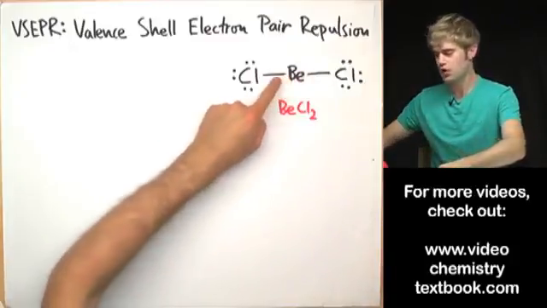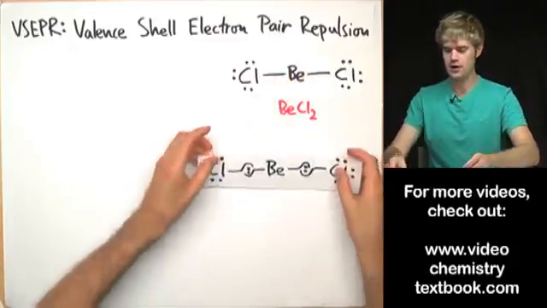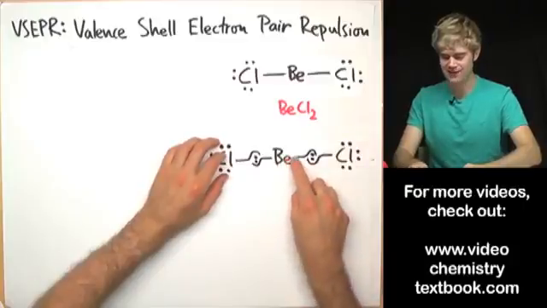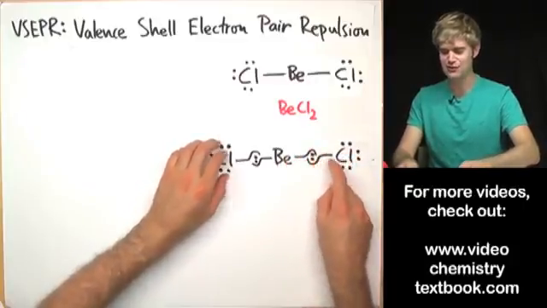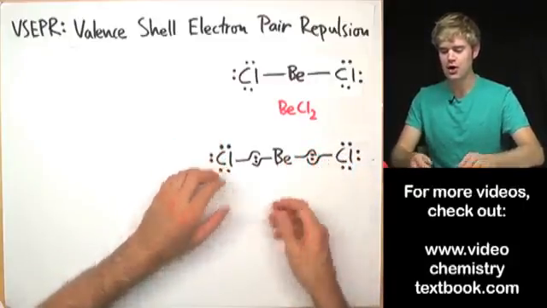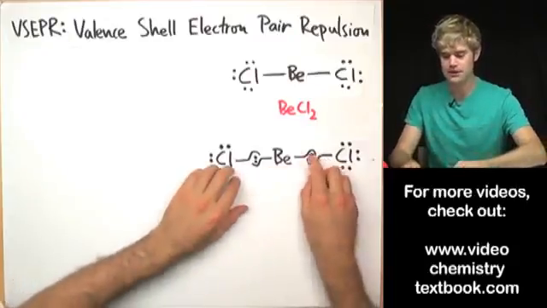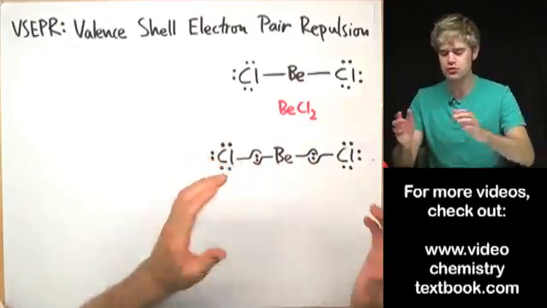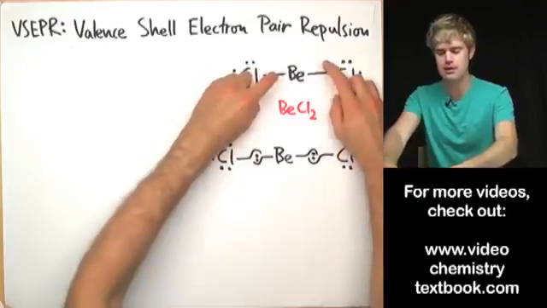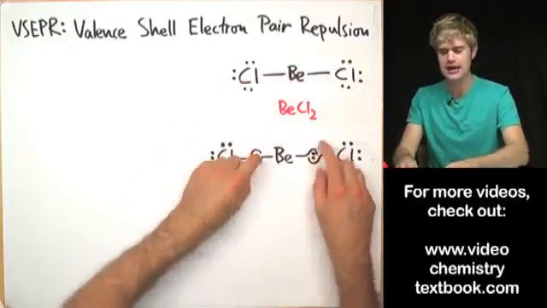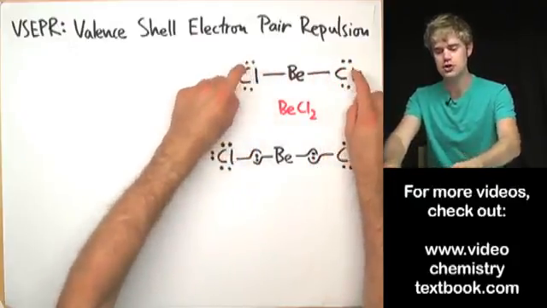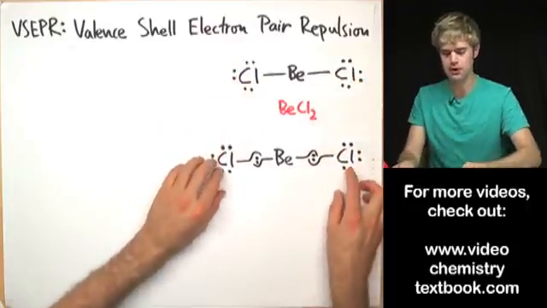So we could draw beryllium dichloride like this, where we have a hand from the beryllium and a hand from the chlorine coming together to share this pair of electrons. This just reinforces the idea that there is a pair of electrons in each one of these bonds that's shared between the atoms. Okay?